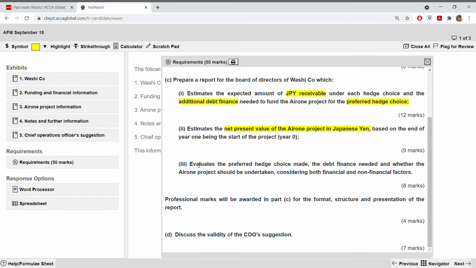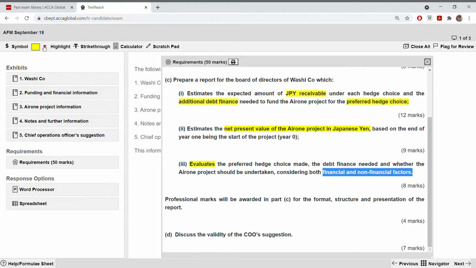If you see "evaluate", the word evaluate tells you it's pros and cons. For the preferred hedge choice made, here you have to tell about the advantages and disadvantages of what you chose in the first one. You not only evaluate the hedge choice, but you also have to evaluate the pros and cons of the debt finance needed, and whether A1 should be undertaken considering both financial and non-financial factors.